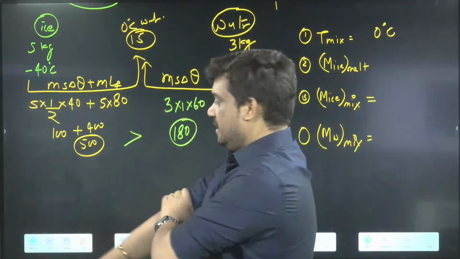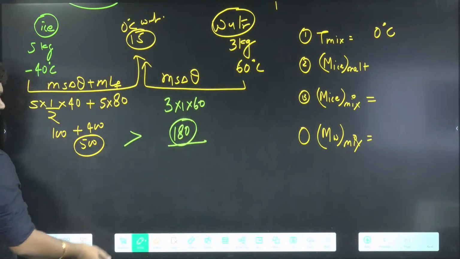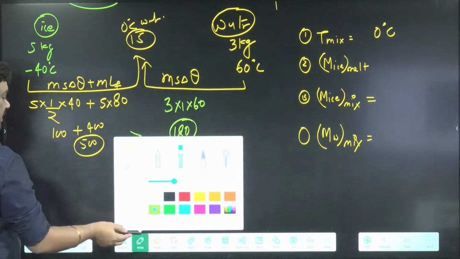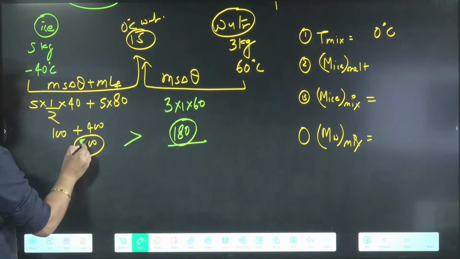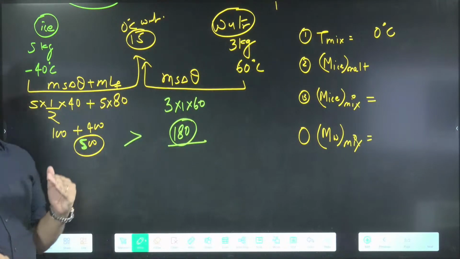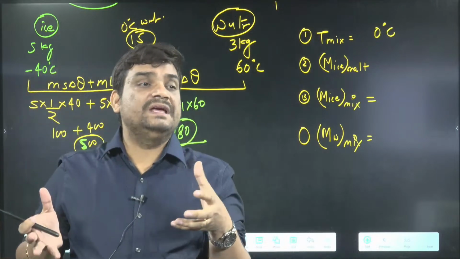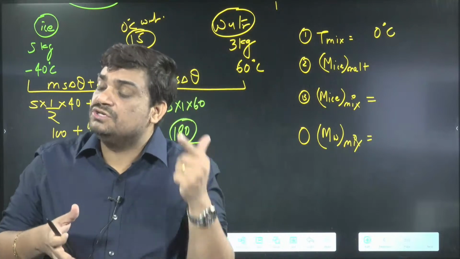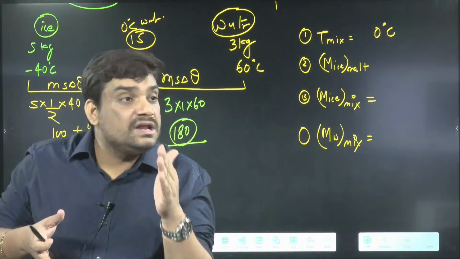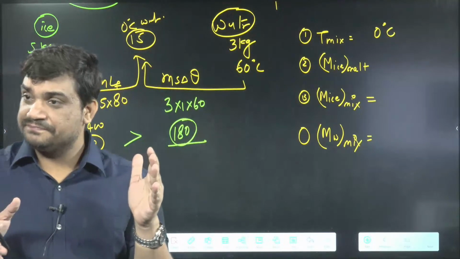So listen here. With the 180 energy, when ice and water have a discussion, the ice will say that I will only be ready to melt if I am at 0 degrees Celsius. First, you have to bring me to 0 degrees Celsius, then I will be ready for melting, because melting of ice will only start at 0 degrees Celsius. We know this thing.